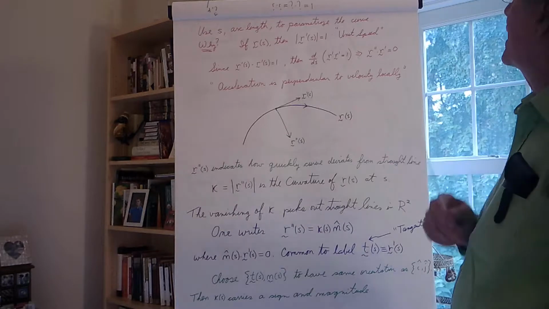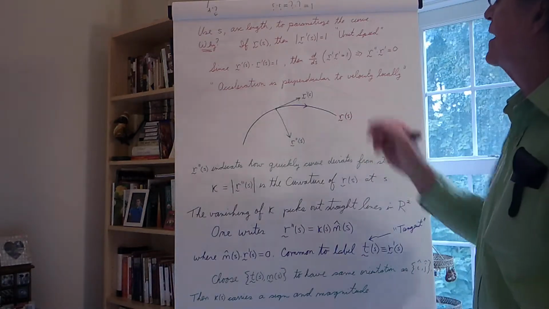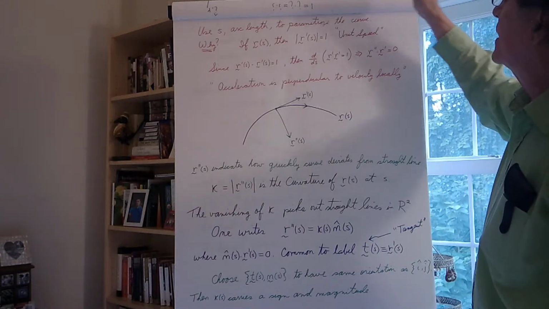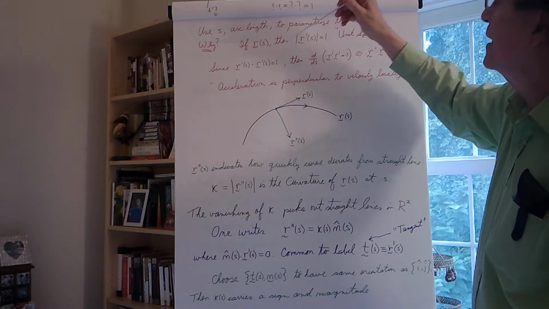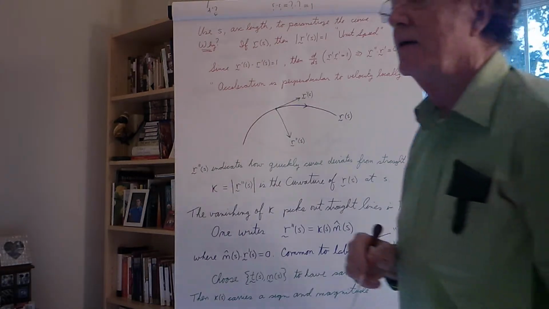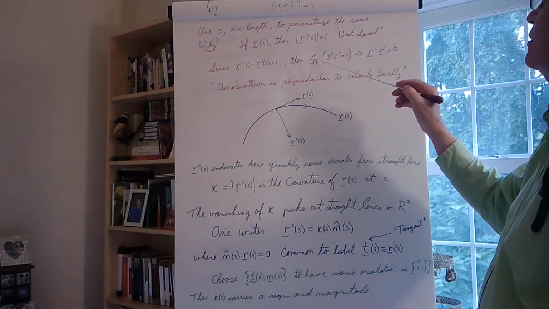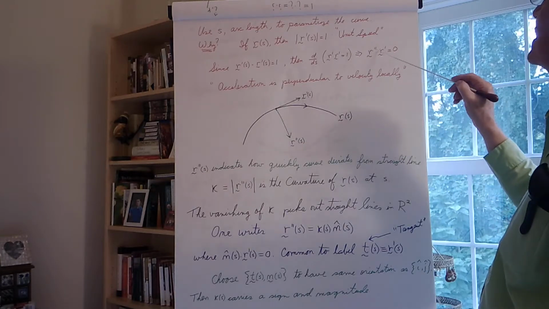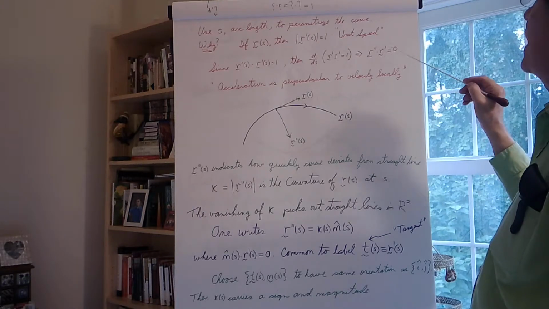In addition, we get another good property of using the arc length as a parameter. If the speed is always 1, then r prime dotted into itself is 1, for any s. In other words, if I differentiate that with respect to s, I have to get 0. So that means that r double prime dot r prime is equal to 0.